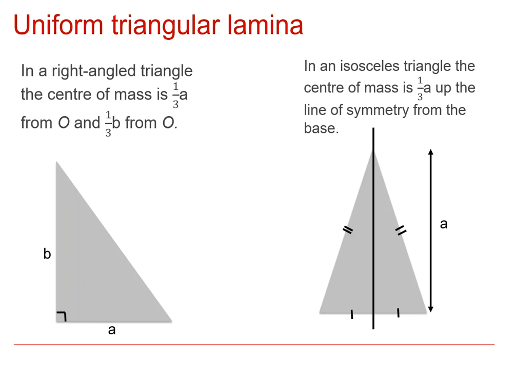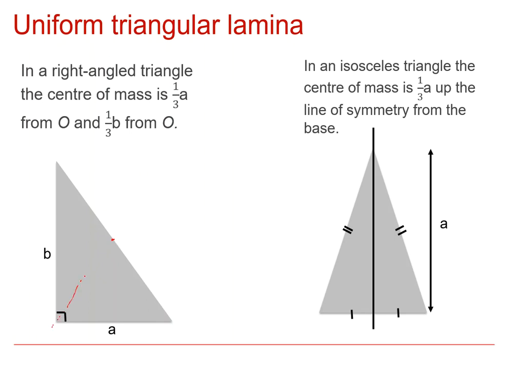Now if you're lucky, which you probably will be in an exam, you'll be given either a right angle triangle like this, with its short sides aligned with the axes, or possibly an isosceles triangle like this one, again nicely aligned with the axes. So can we apply what we know from the previous slide here? Well, yes we can, because again if we put these lines on it will help us to see this.